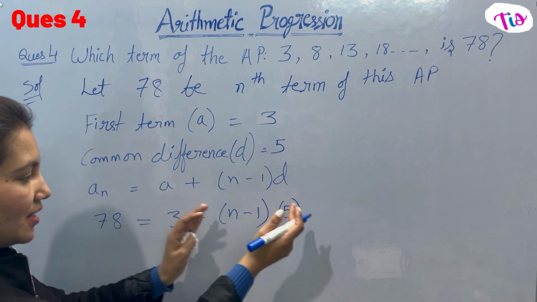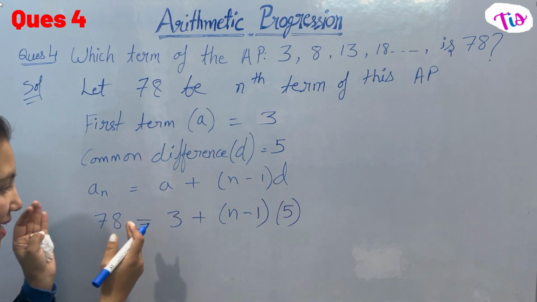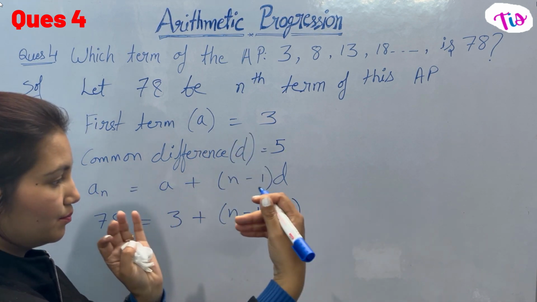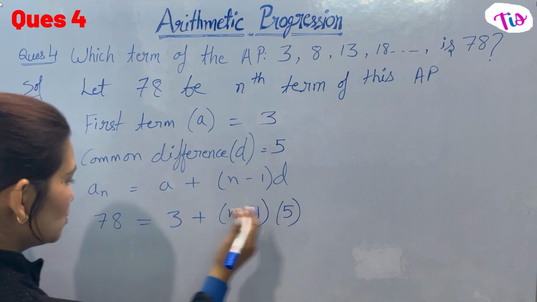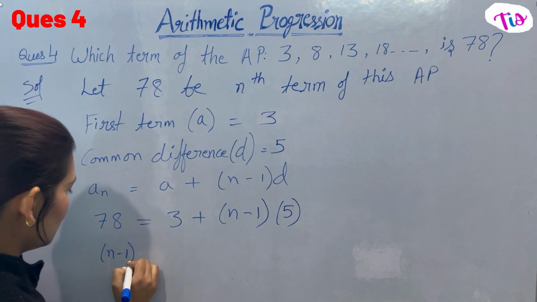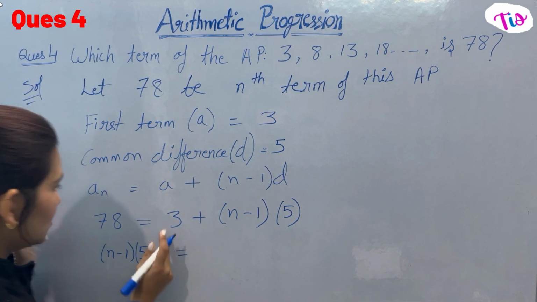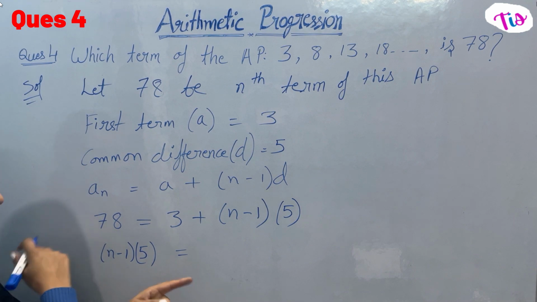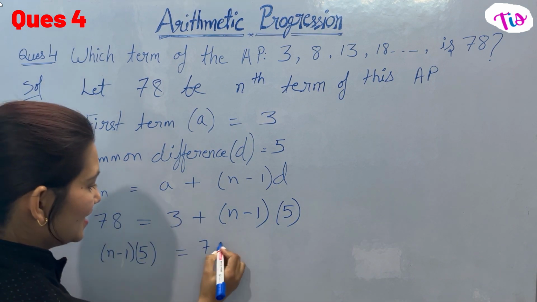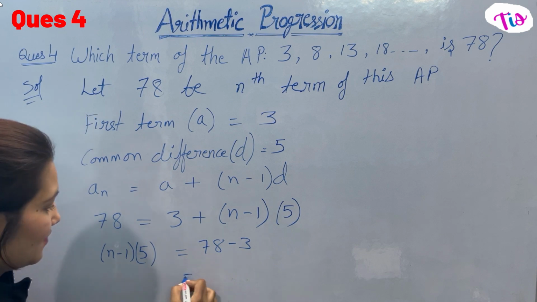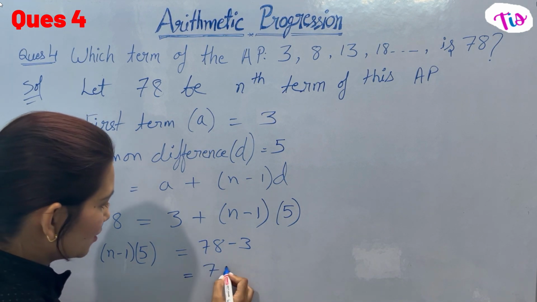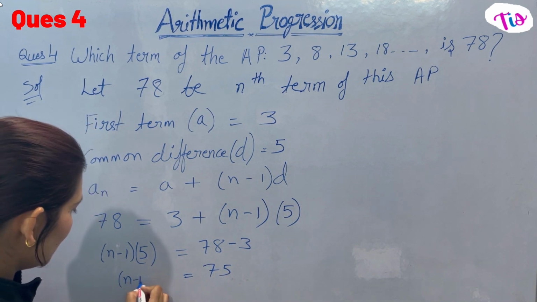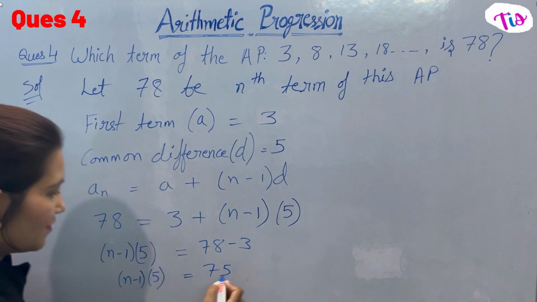Now let's solve it. The variable portion will come to one side and the rest will go to the other side. So n minus 1 into 5 is equal to 78 minus 3, and 78 minus 3 is 75. Now n minus 1 into 5 is equal to 75.